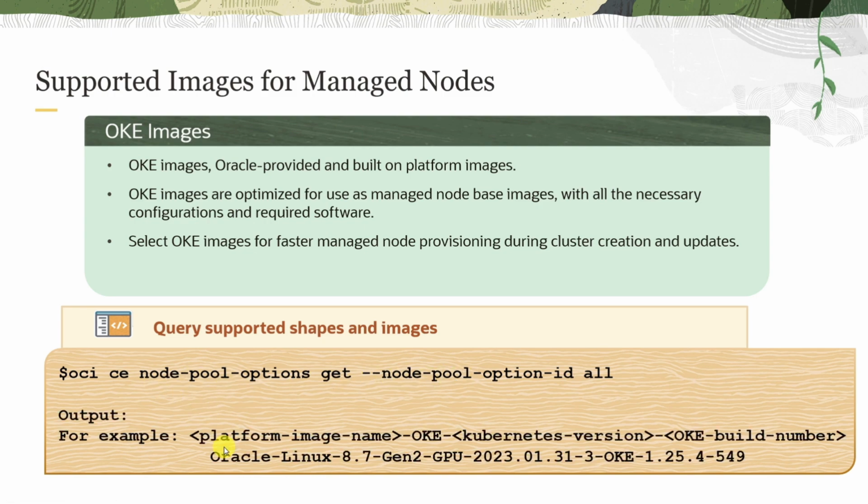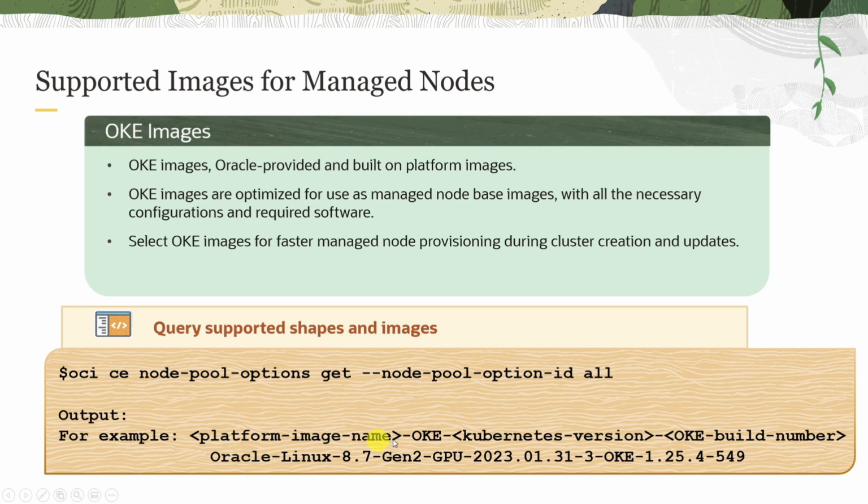OKE image names have a specific format, making them easily distinguishable. They typically follow the format platform image name - OKE Kubernetes version - OKE build number.